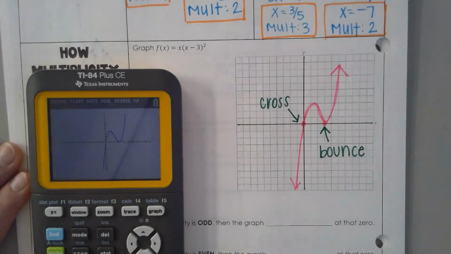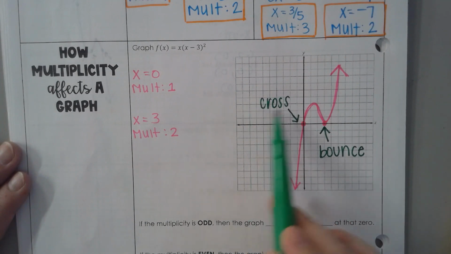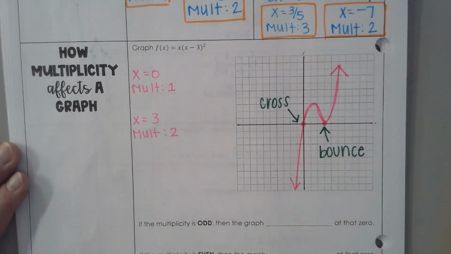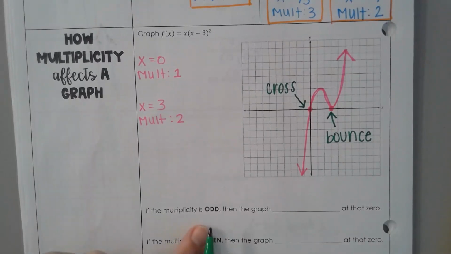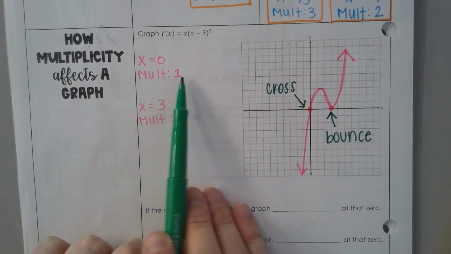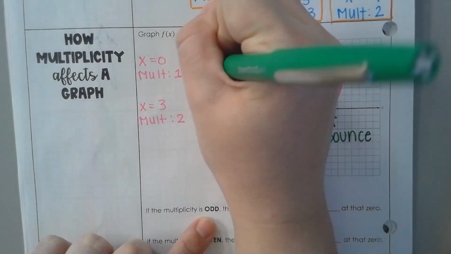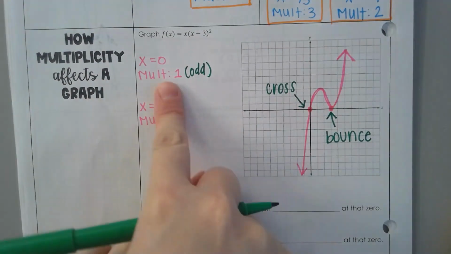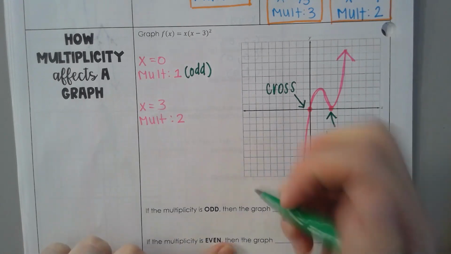The multiplicity tells us if the graph is going to cross or if the graph is going to bounce at the x-intercept. So if the multiplicity is odd, here I had a multiplicity of 1, which is an odd number. Did my graph cross or bounce at this x-intercept? It crossed.